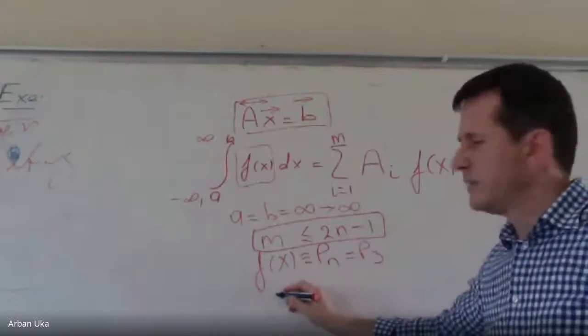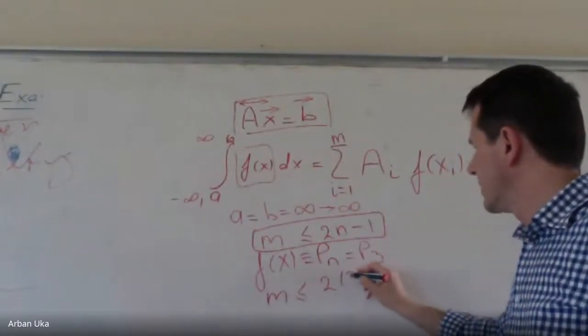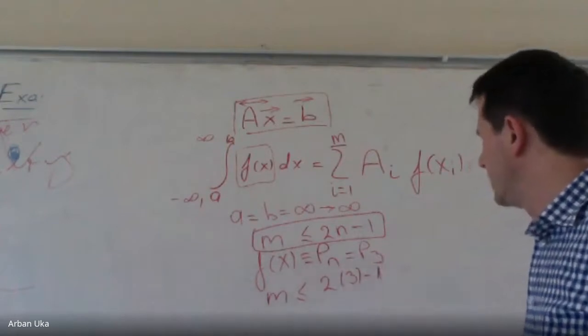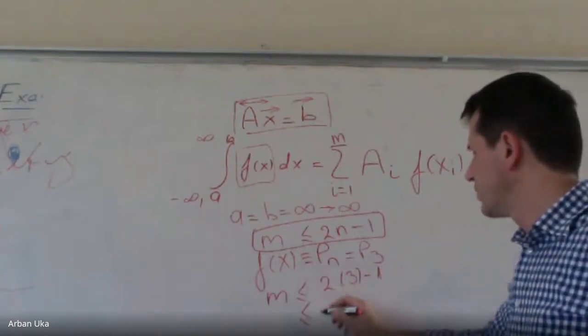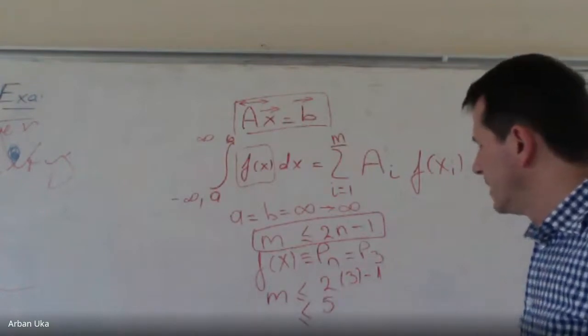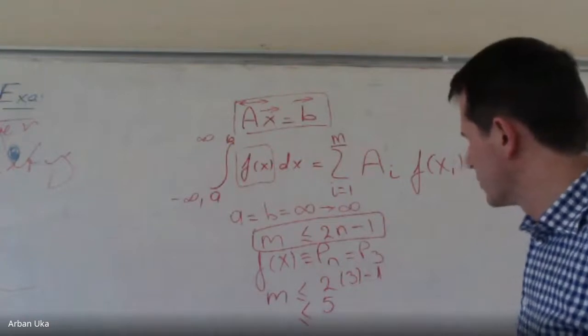And m is smaller or equal than 2 times 3 minus 1. 2 times 3 is 6, minus 1 is 5, so m is smaller or equal than 5. Now we go with the smallest numbers, so we go with 5.